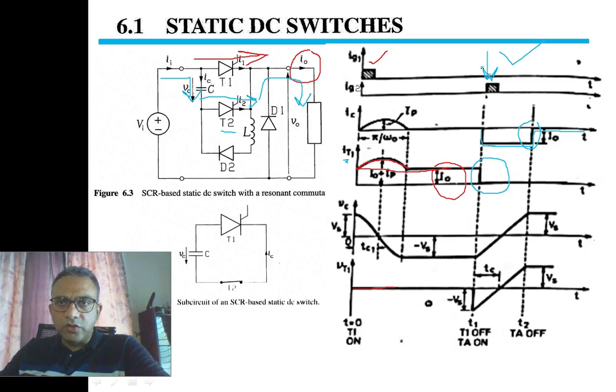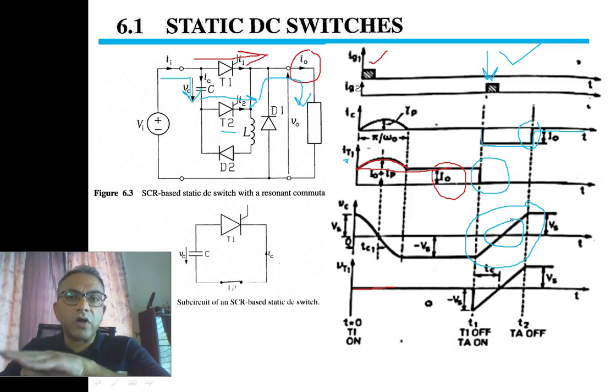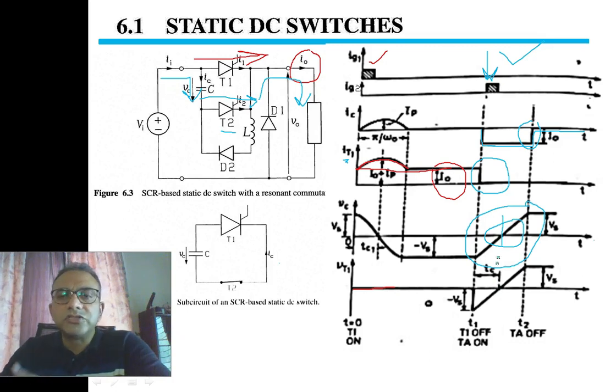Right, a small discussion of the second order system: when T2 is turned on, we got the bypass current. Now let us look at the voltage across the capacitor here. The voltage across the capacitor is now crossing 0 volt due to its underdamped oscillation characteristics. This is the reason why we don't need a separate circuit to turn off T2, because T2 will experience natural turn off.